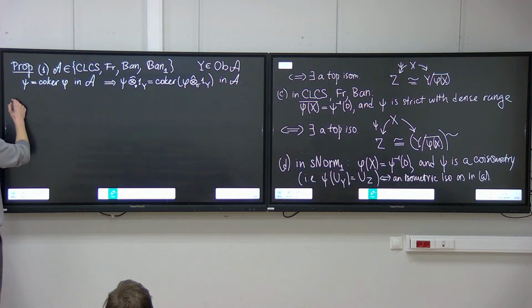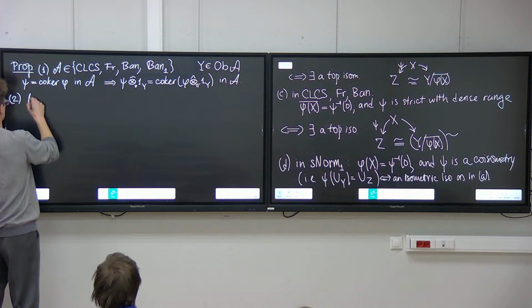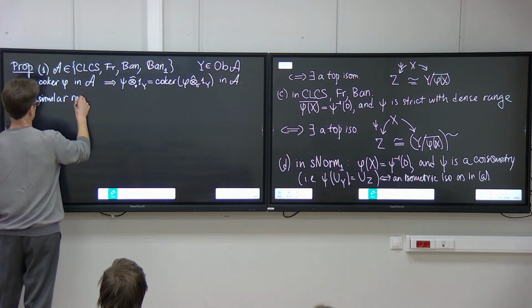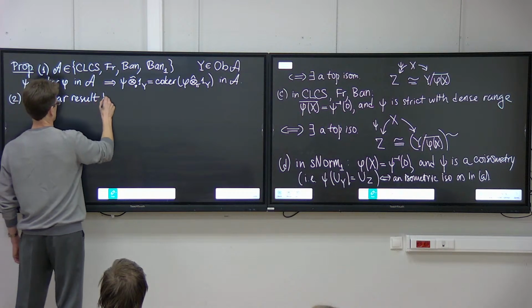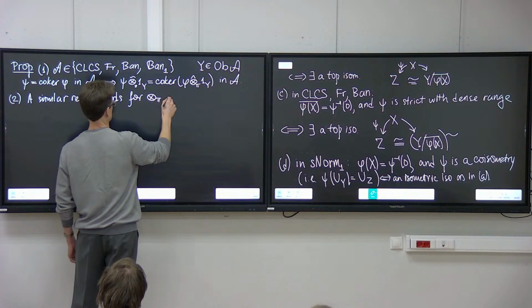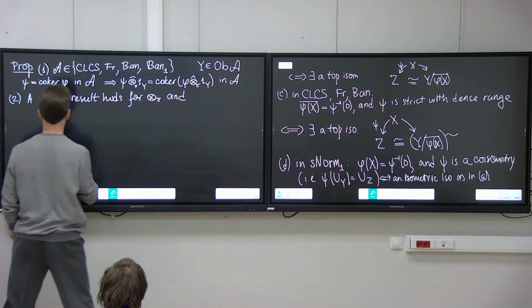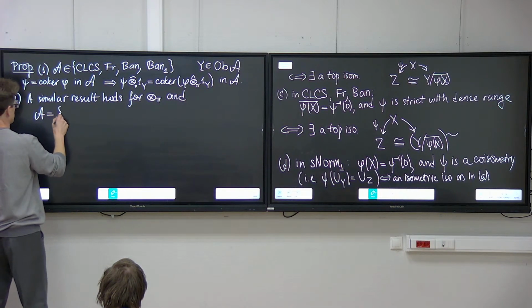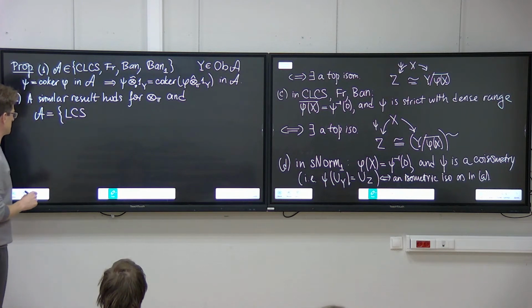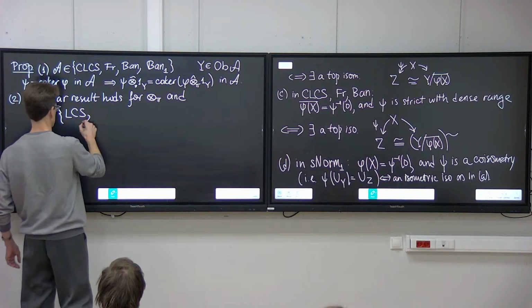And a similar result holds for the uncompleted projective tensor product, and for any A in our standard list of not necessarily complete categories of not necessarily complete locally convex spaces.